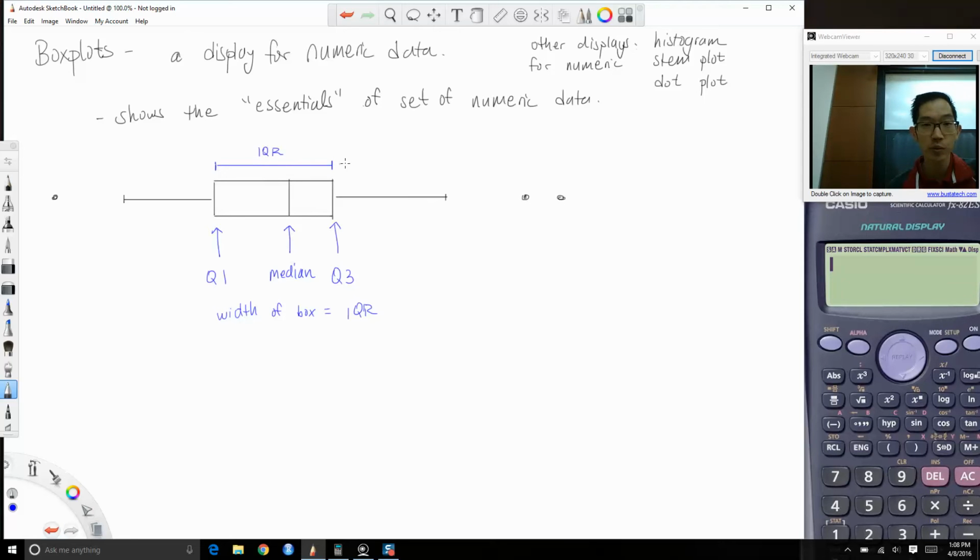Based on the box, if this is our IQR right here, what we do is we take 1.5 times the length of our IQR. So I take this length and multiply it by 1.5, so maybe that's something like right here. So this is going to be 1.5 times the IQR. And I go out this direction, and I do the same in the other direction.